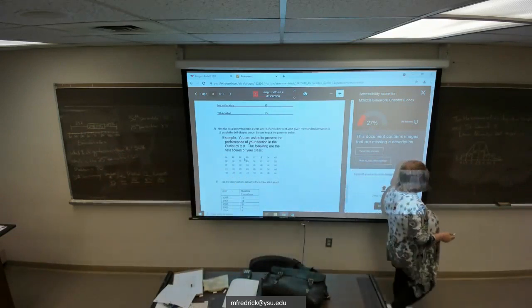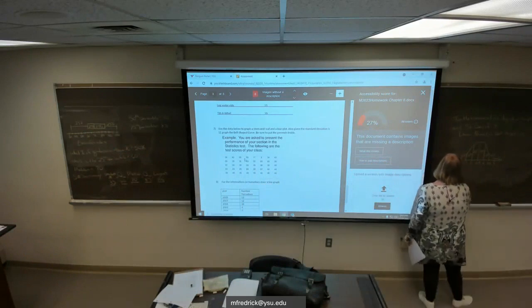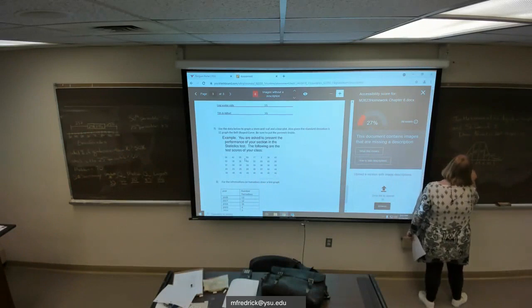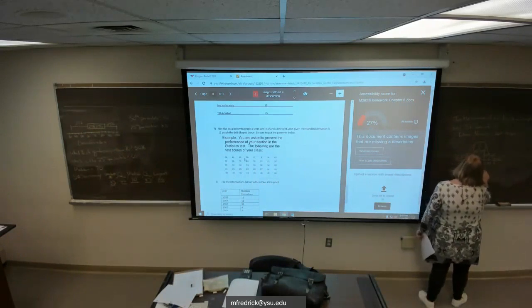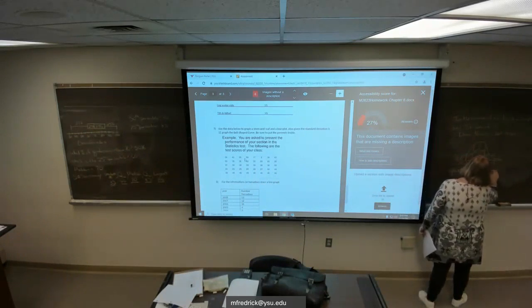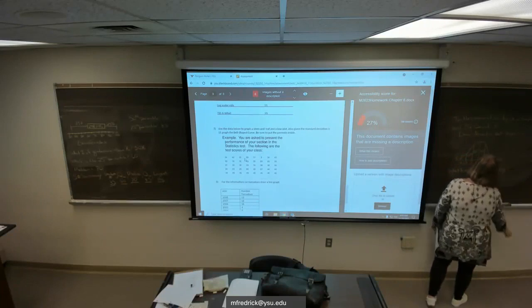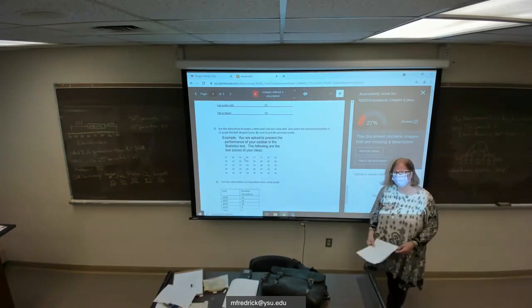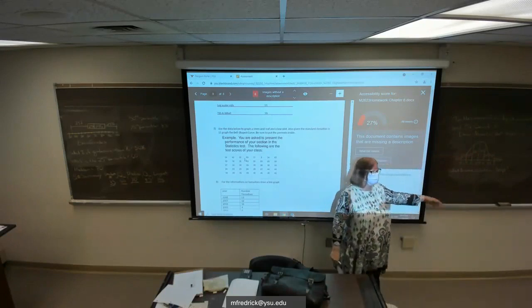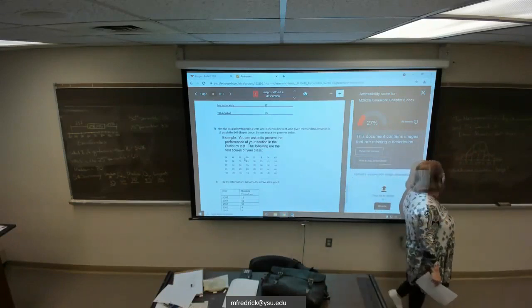What percent move more than 3 miles per hour? Where the 3 is, then you have the percents ahead of it. Or if they wanted less than, below it.